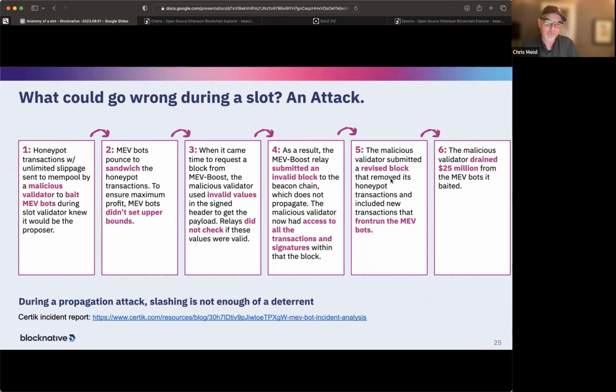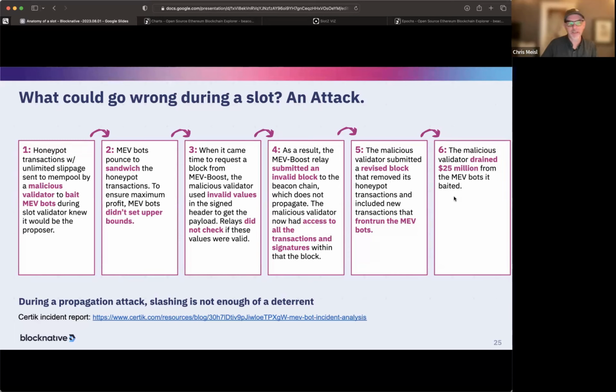They then propagated that block, and since there was no other competing block being propagated, that was the winning block. That was the block that ends up going on chain. So they walked away with a lot of money.